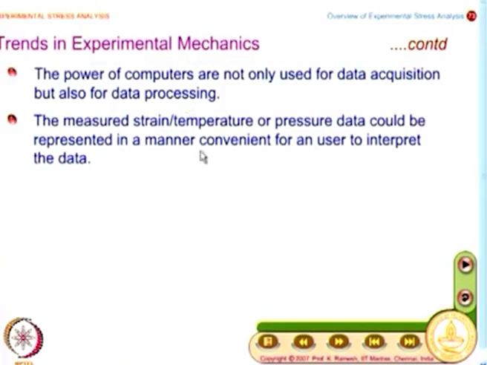This is not the only advantage. If you look at thermoelastic stress analysis, or digital image correlation, you can post process the measured data, temperature, strain or pressure, and they could be represented in a manner convenient for a user to interpret the data.